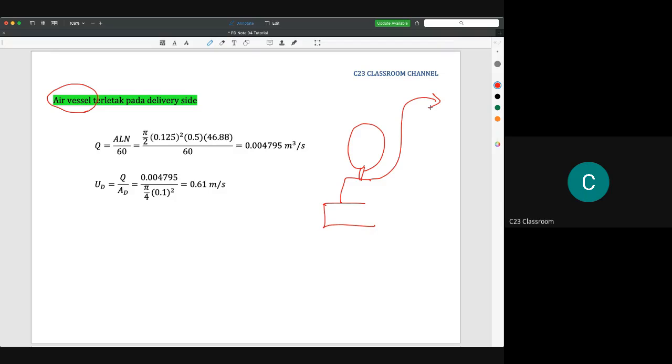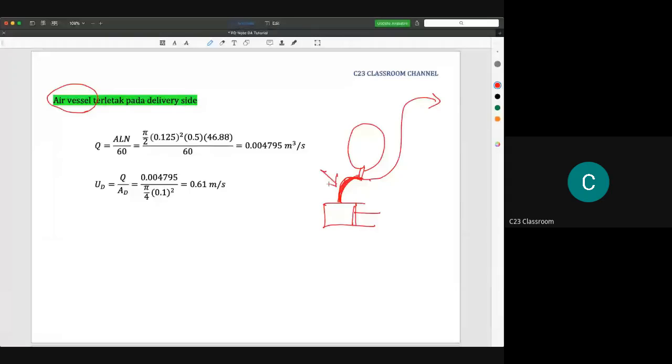The distance between the piston pump and the air vessel is not mentioned, so we could ignore this length, by the assumption that the length is not too long, which means we could ignore the friction that occurs in this section.